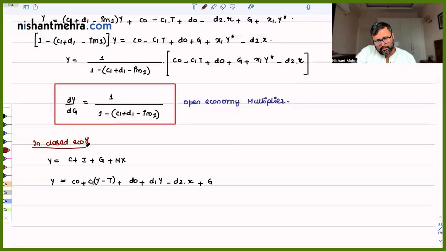In the closed economy, you will have it like this. So there are no net exports there. Again, I can take all the like terms together.